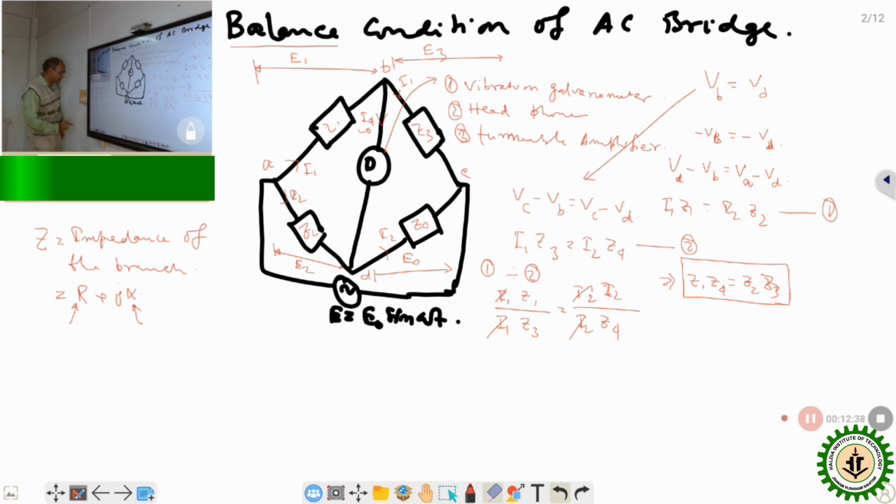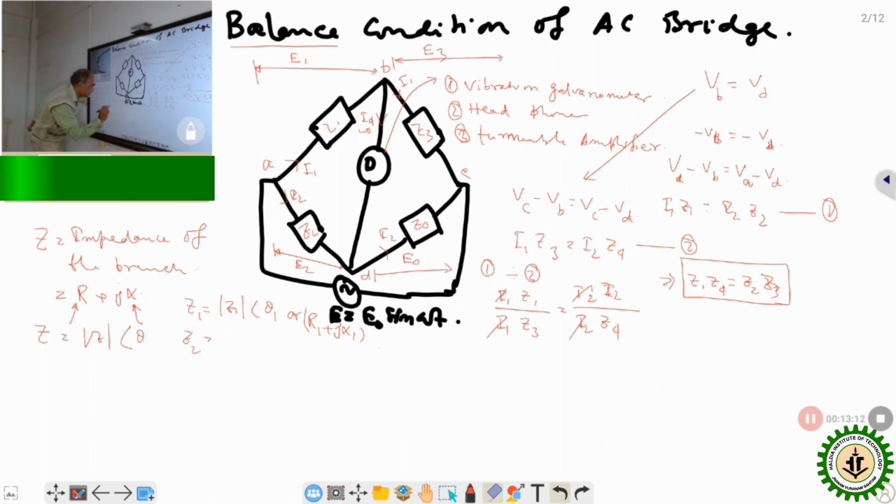You know that Z can be represented another way also: mod of Z and angle. So these four arms you can represent: Z1 equal to mod of Z1 at an angle theta 1, or R1 plus jX1.